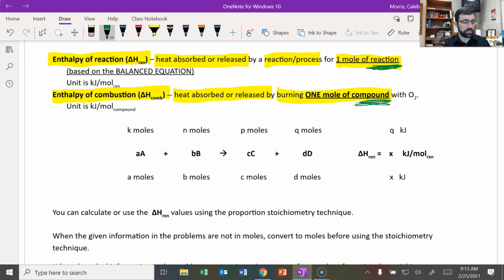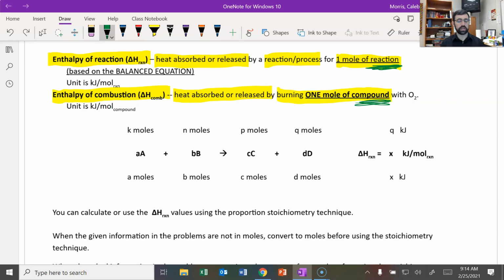All right, our units are going to be pretty similar. It's going to be kilojoules per mole usually. It might be in joules per mole, but usually we want that in kilojoules per mole. The first one, enthalpy of reaction, is going to be in terms of moles of reaction, of course. And then our enthalpy of combustion is in terms of moles of the compound.